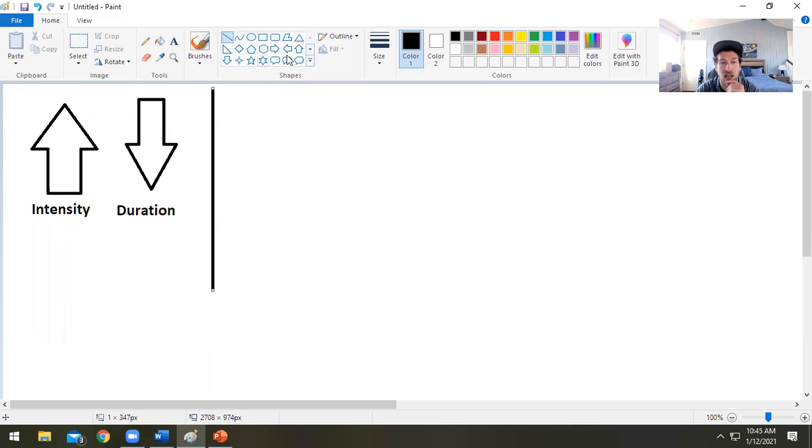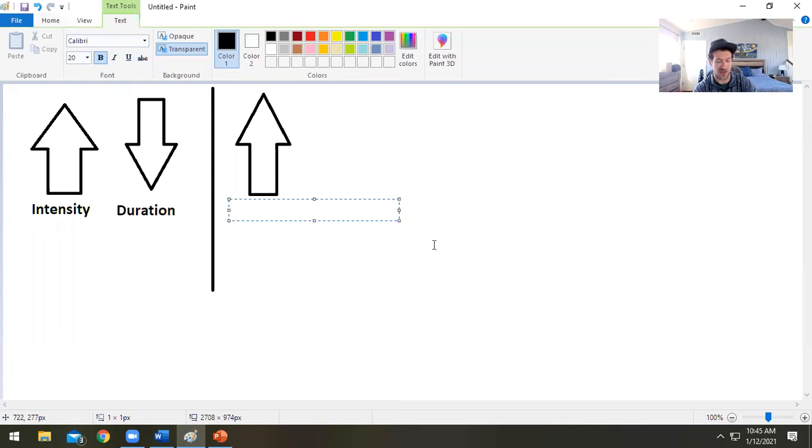So if my intensity goes up, right? Now we're going to see intensity going up. So if my intensity is up, well, my respiratory quotient, my calories burned from carbohydrates is also going to go up.